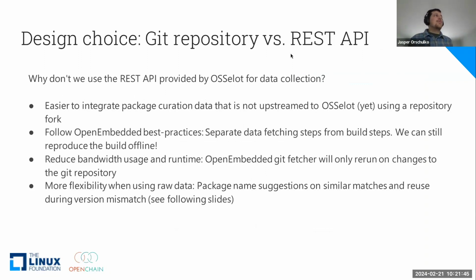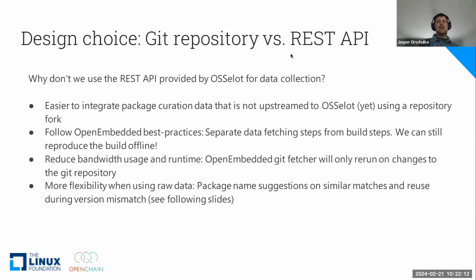So there was a first important design choice there. We opted to go with the Git repository rather than using the REST API that OSSelot provides. That is for multiple reasons. The first reason is that with the REST API, we would only be able to really use the packages that OSSelot provides, at least out of the box.